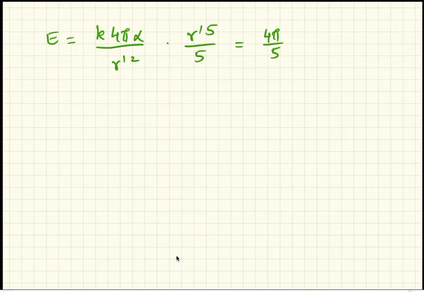So the electric field is k 4 pi alpha over r prime squared times r prime to the power 5 divided by 5, which is equal to 4 pi by 5 k alpha r prime cubed. Hmm, wait: as written, 1 over r prime squared.